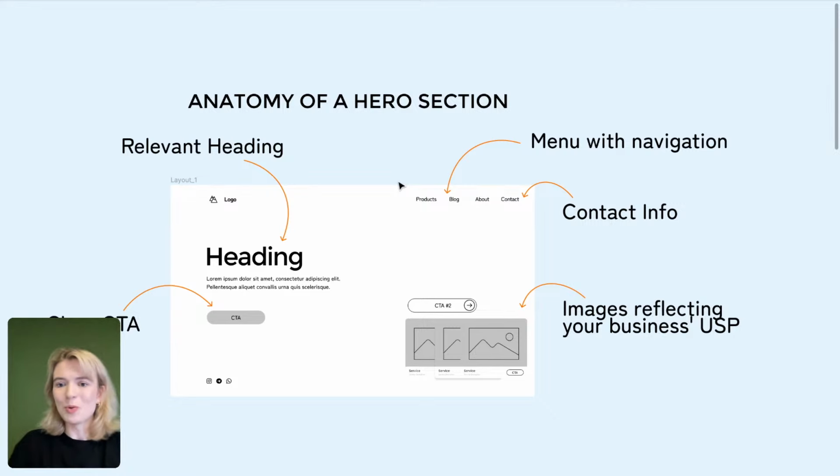Moving on to the anatomy of a hero section. First of all, we have the most important part. It's always on the top of the website. It's the menu. The menu allows you to show your user the navigation of your website. So your user knows what exactly your website consists of, right?